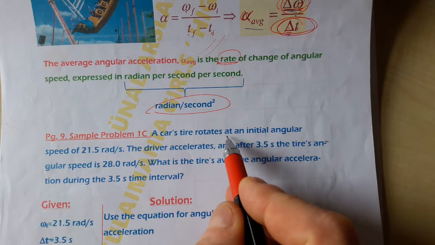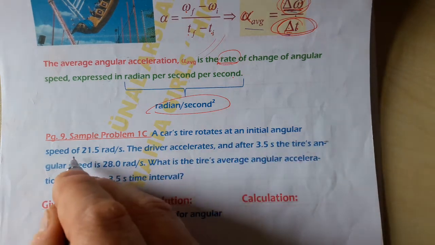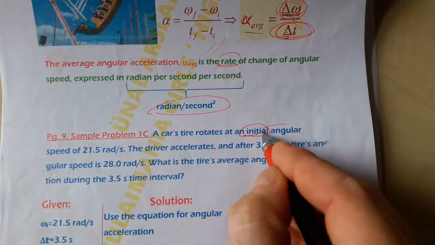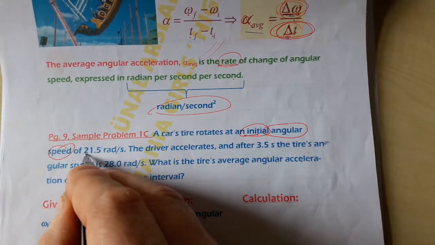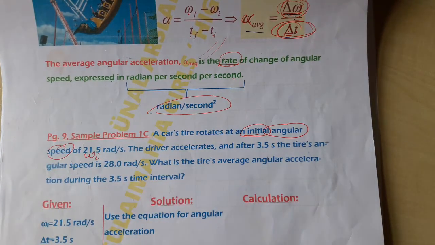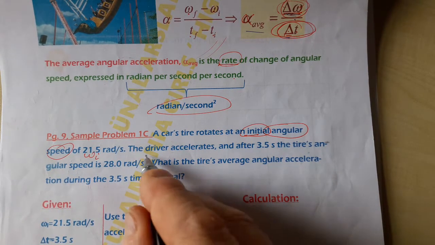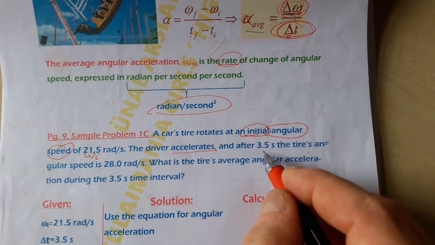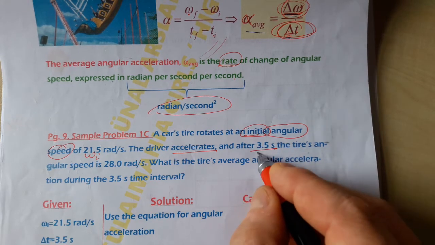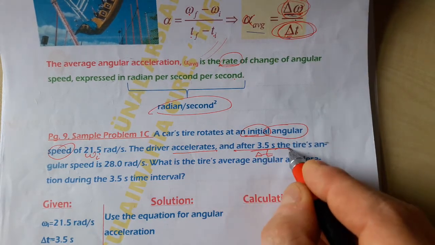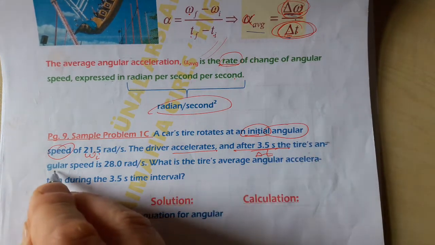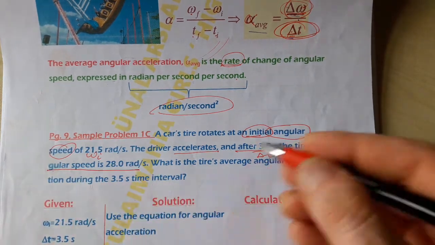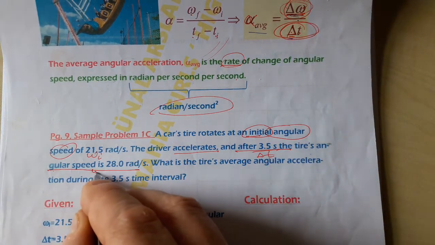A car's tire rotates at an initial angular speed. Yes, there is an initial angular speed. How much? 21.5 radians per second. The driver accelerates. Yes, there's an acceleration. And after 3.5 seconds, it is the time interval delta t. After 3.5 seconds, the tire's angular speed, once again, but because it's after, it is final.